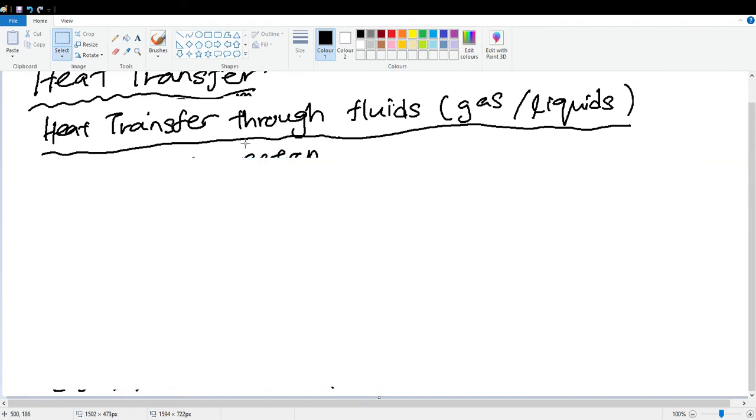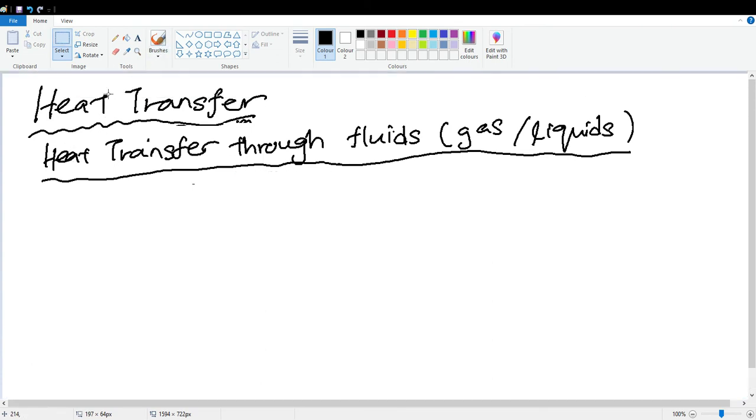So let's just look towards the forced convection. So this forced convection is the artificial convection process made by humans.